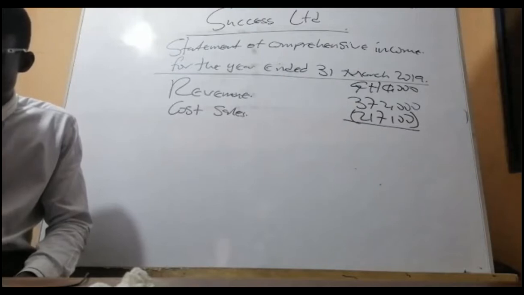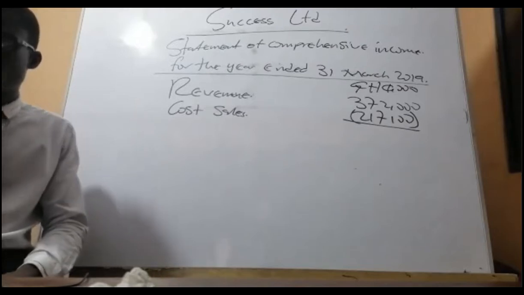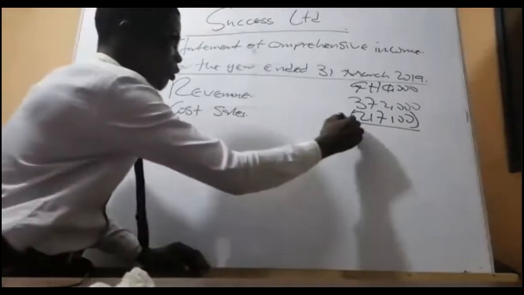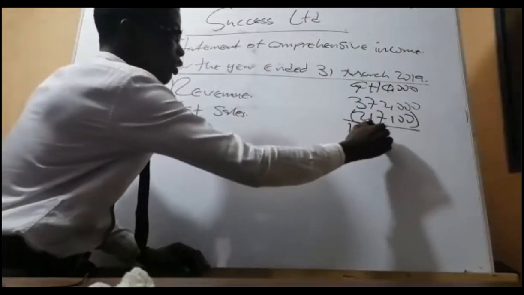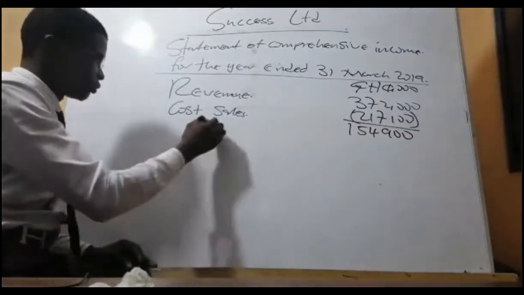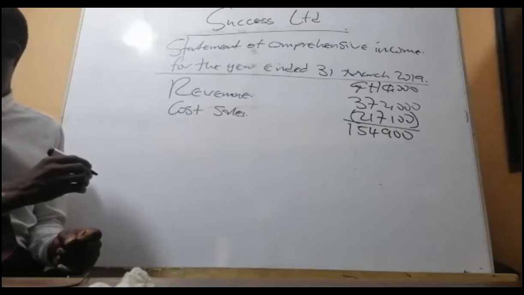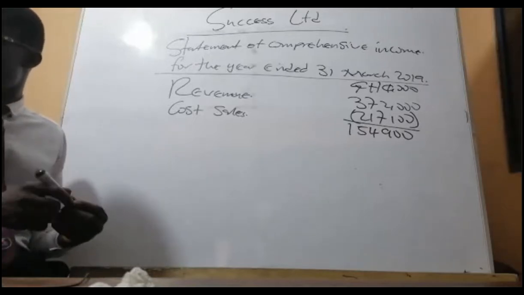So friends online, what do we get? Good. 154,900. What's the name we have to call it? The name that we have to call it?